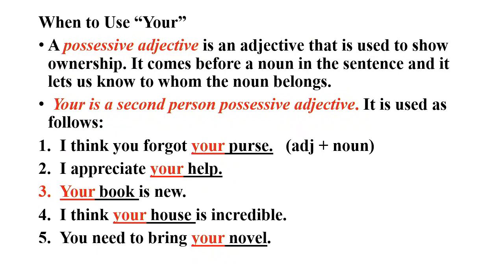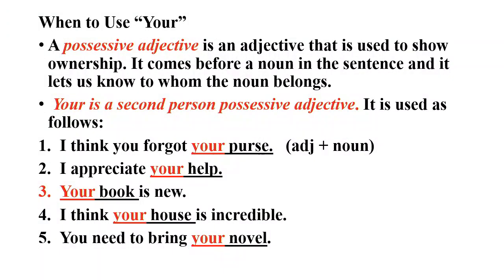Number one, I think you forgot your purse. Notice adjective your plus noun purse, because you must own something. I appreciate your help. Again, same thing, adjective plus noun. Your book is new. I think your house is incredible.